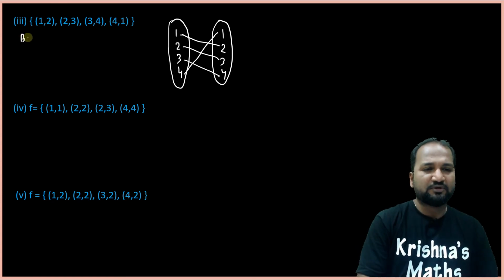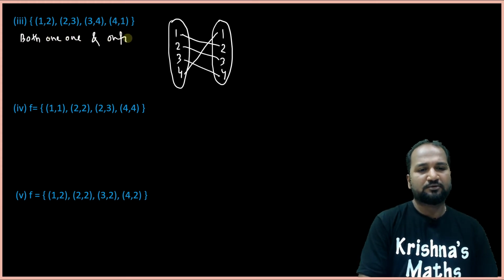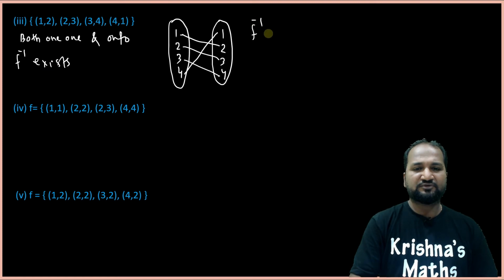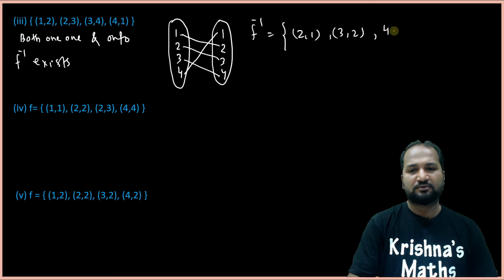So both one-one and onto, clearly it is both one-one and onto. Therefore inverse exists. So f inverse is obtained by reversing the mapping: 2 1, 3 2, 4 3 and 4 1 becomes 1 4.